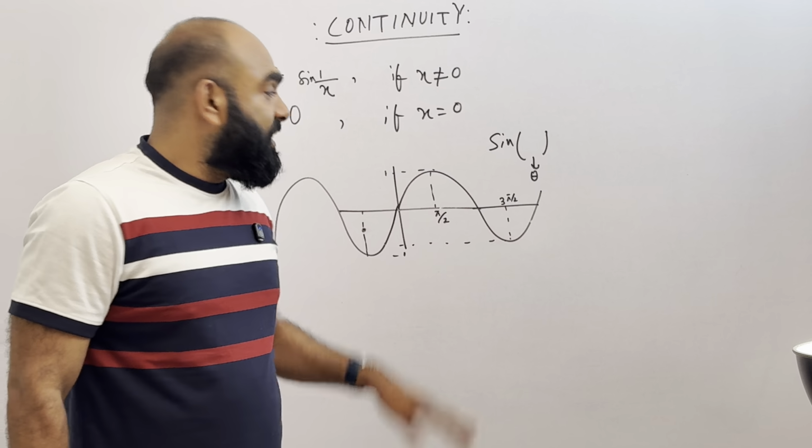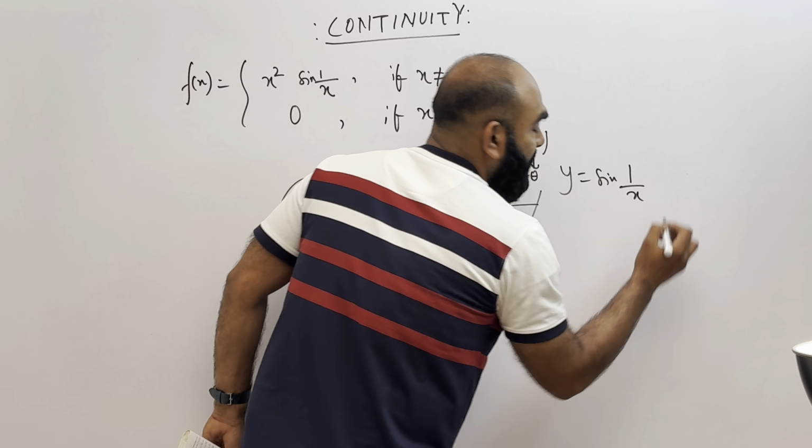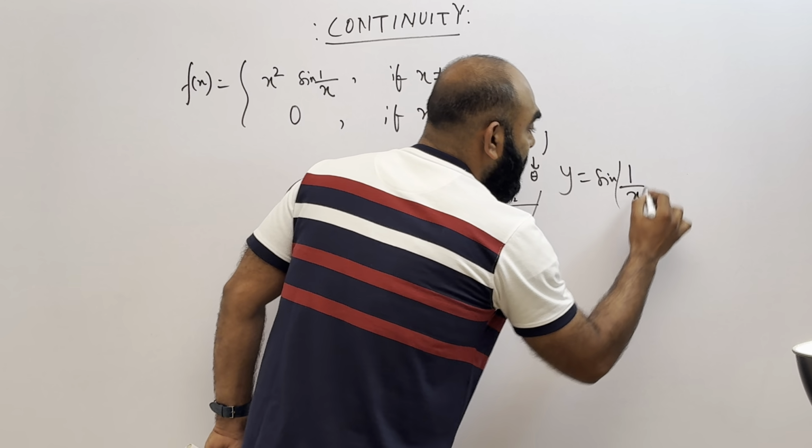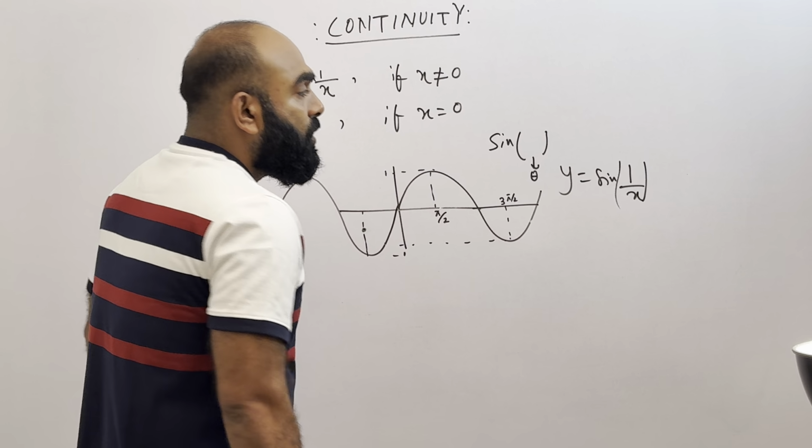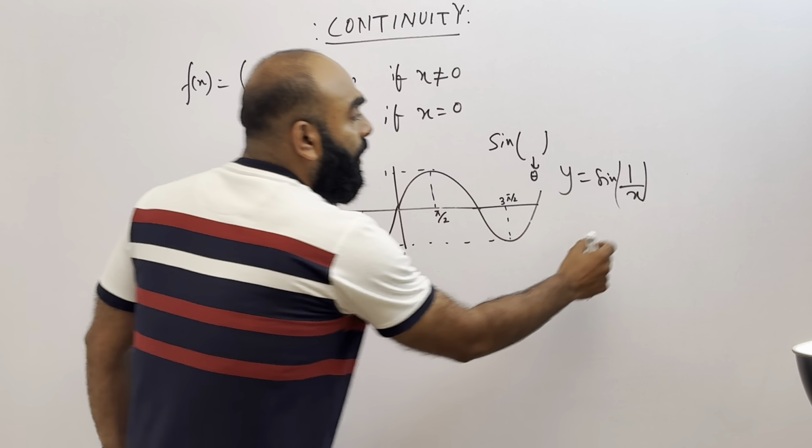Correct? For sine theta, I can write y equal to sine of 1 by x. So this is the theta. Whatever 1 by x, which is nothing but the theta, you keep here, the overall value is the y only.